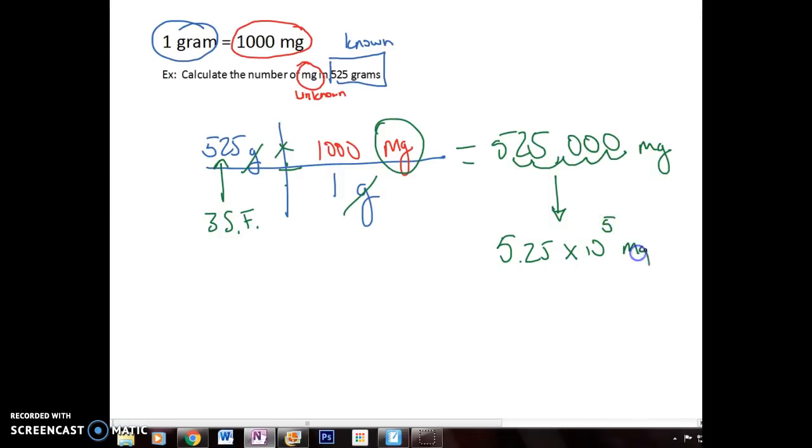My rule of thumb is I tend to place things that are greater than 1,000 or lower than 1,000th in scientific notation. Otherwise, I'll just leave them alone. This one's got a lot of zeros on it, so I can get rid of them. Okay, and so that's just an easy little way to convert from grams to milligrams, milligrams back, and it's going to be useful for us in our project.